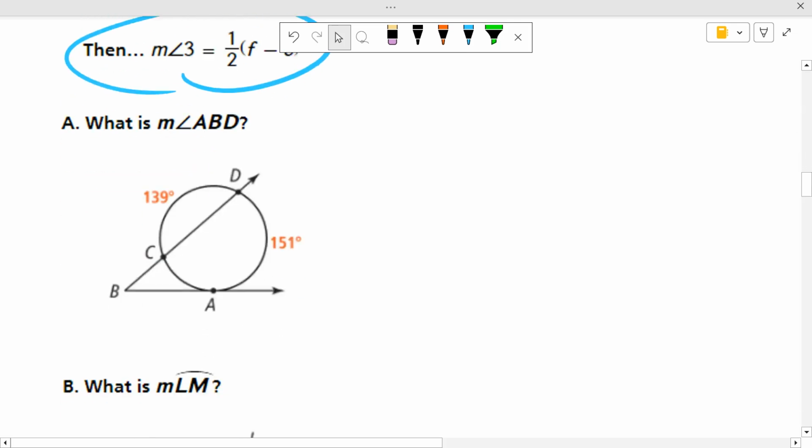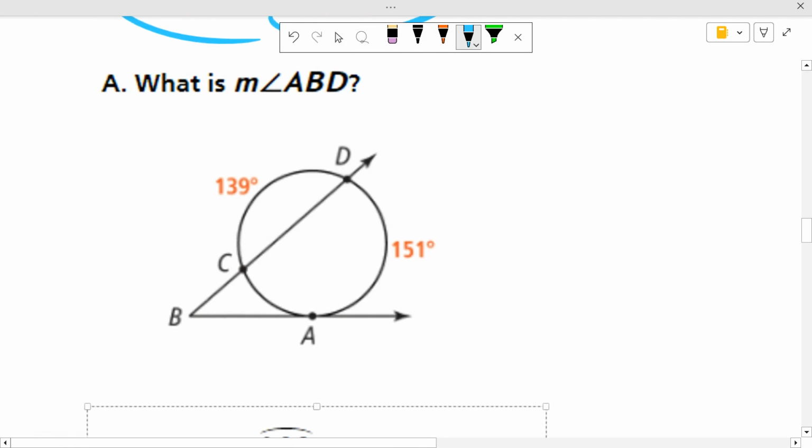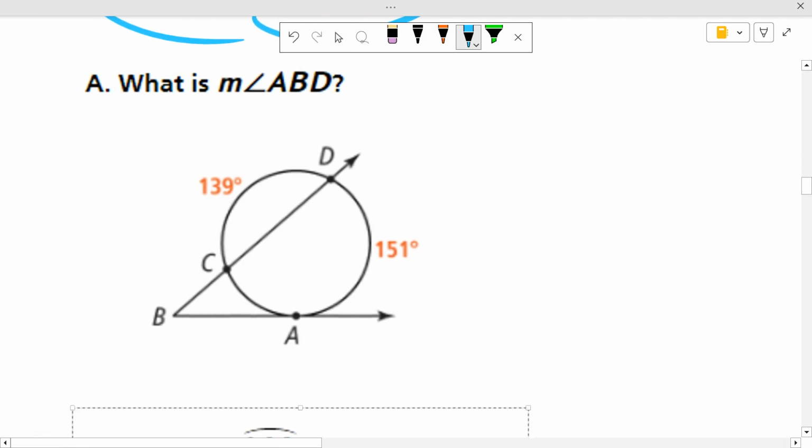Okay? So now we're going to start doing them with numbers in them. How many degrees are in a circle? 360. If there's 151 there, 139 there, what's left for that? 151 and 139 add up to 290.